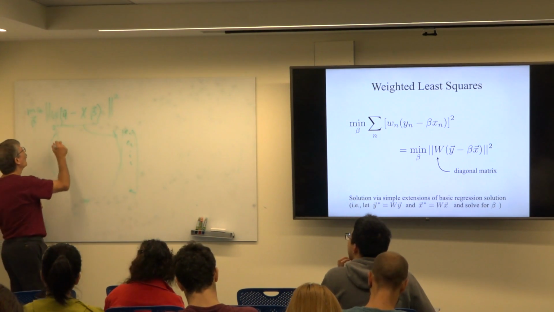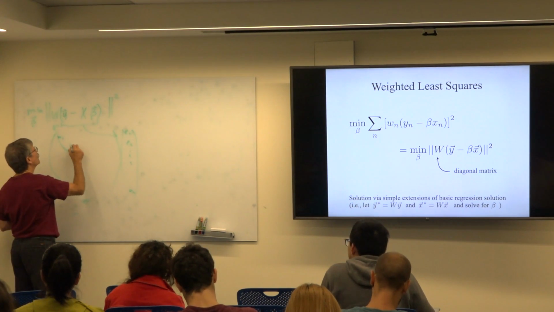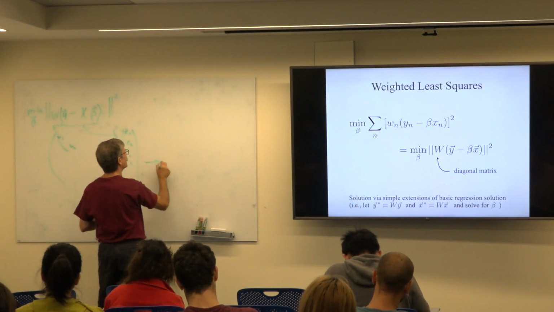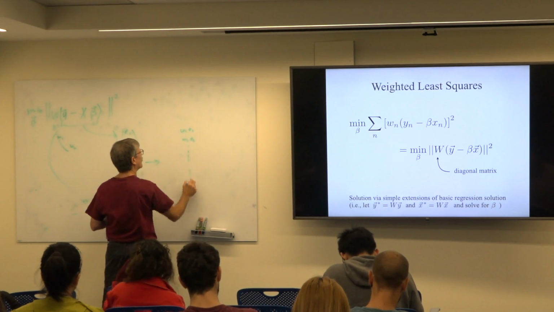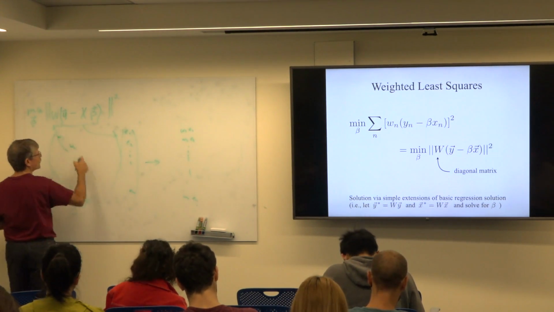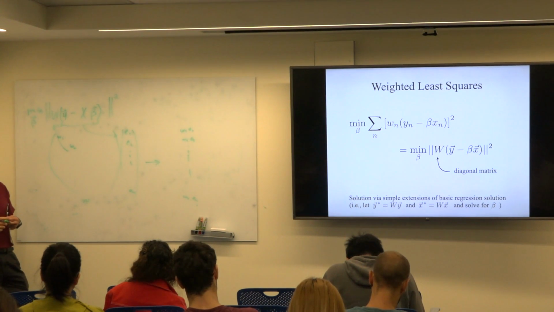So I want a weight 1 that's going to multiply E1, and a weight 2 that's going to multiply E2. In other words, I want the result of this to be W1 E1, W2 E2, Wn En. Which is to say that the W matrix wants to be a diagonal where you put the weights on the diagonal. Okay? That's what we're going to do.